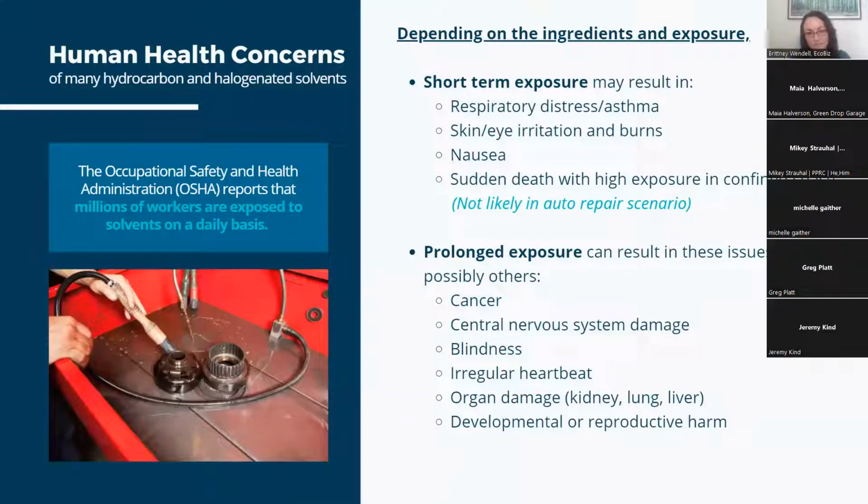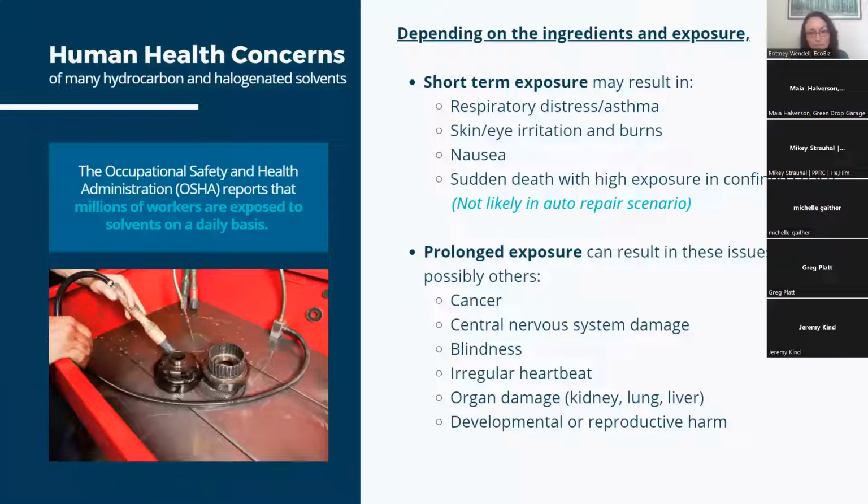So chlorinated solvents tend to lead to higher risks to health than hydrocarbon and obviously higher than water. Some short-term exposure issues that may come up include respiratory issues, skin and eye irritation, burns, sometimes nausea, and in rare cases, not normally in the auto repair industry, short-term exposure can lead to death.